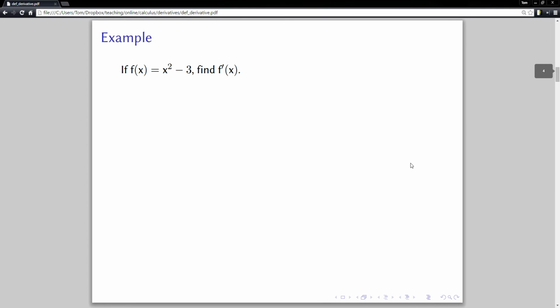All right, so here we go. We're going to use the same function that we used before, f of x equals x squared minus 3, and we're going to find the derivative, f prime of x. So we're going to use the definition. f prime of x is the limit as h goes to 0 of f of x plus h minus f of x all over h.